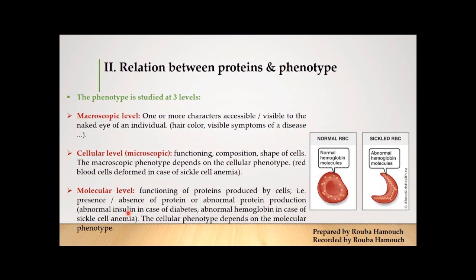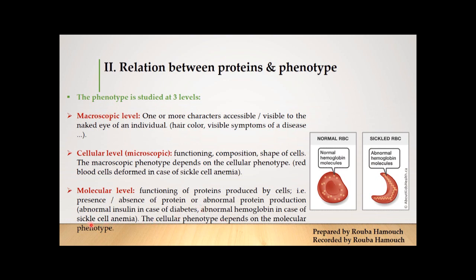Insulin is a hormone, so it's a functional protein. So at the molecular level, we say that there is no insulin or there is production of an abnormal insulin. This abnormal production of insulin causes diabetes, meaning it affects the macroscopic level.